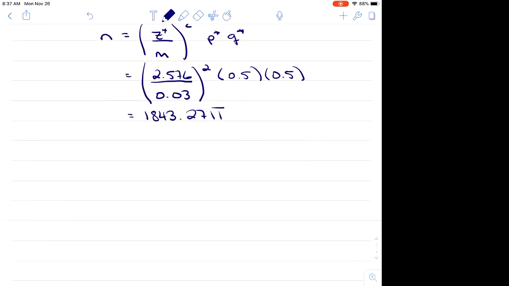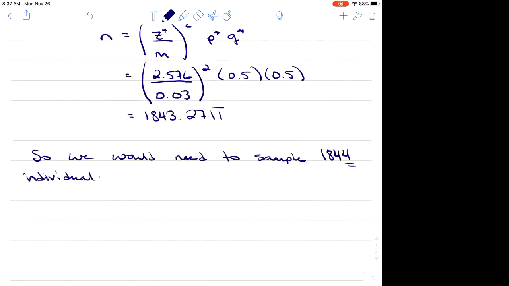So we would need to sample 1,844 individuals since we can't sample 0.2711 repeating of a person.